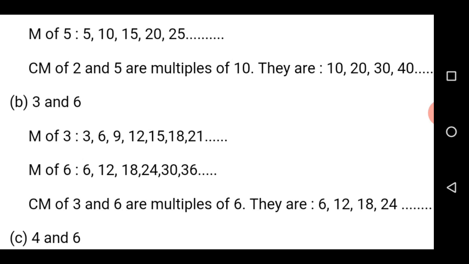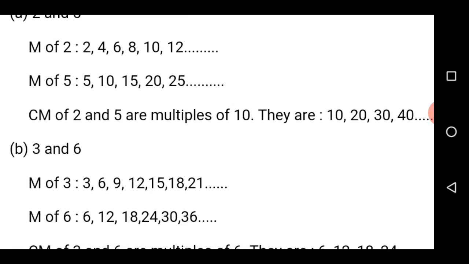Now, how are we going to find the common multiples of 2 and 5? What we just need to do is check the common number in between the multiples. By looking at this very well, you will discover that 10 is common in between the two multiples. So common multiples of 2 and 5 are multiples of 10.